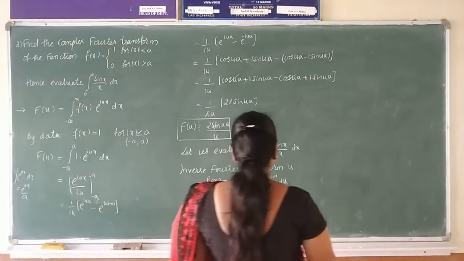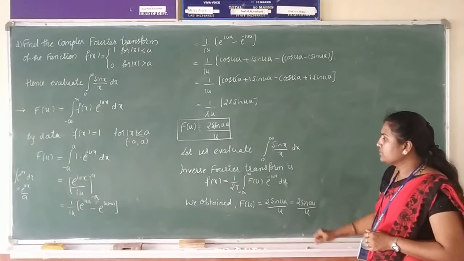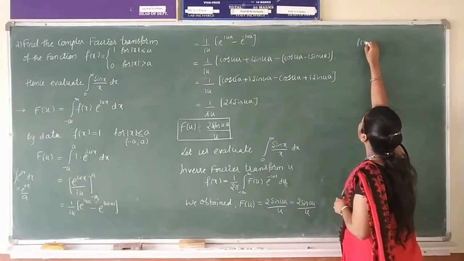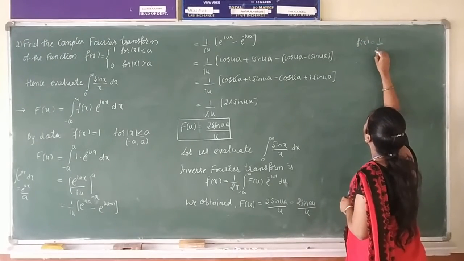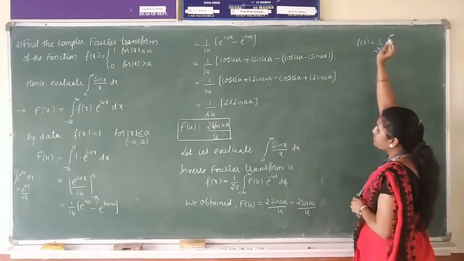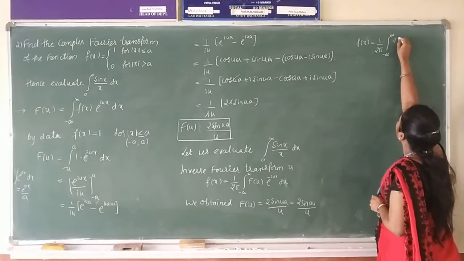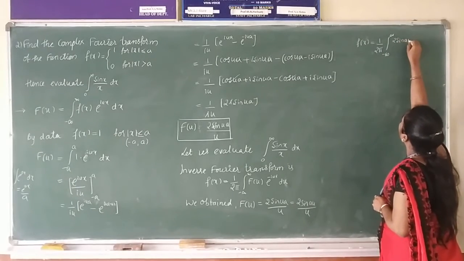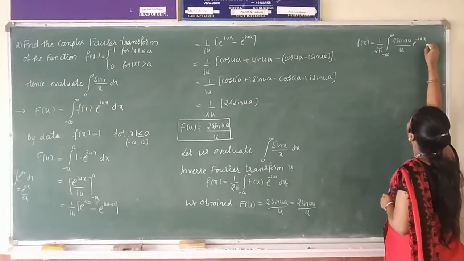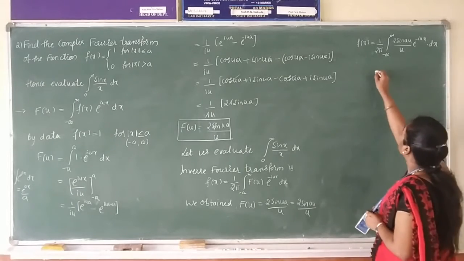Now let us evaluate this one by considering the inverse Fourier transform, that is f of x equals 1 upon 2 pi. Now substituting F of u, that is 2 sin au upon u, e to the power minus iu x into du.